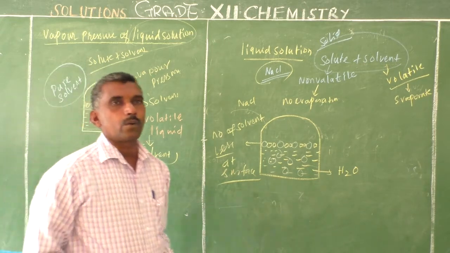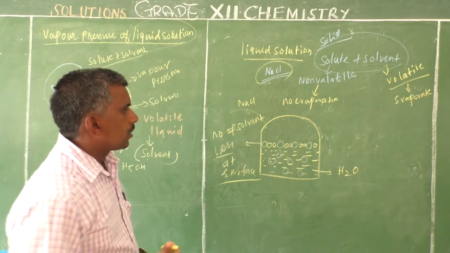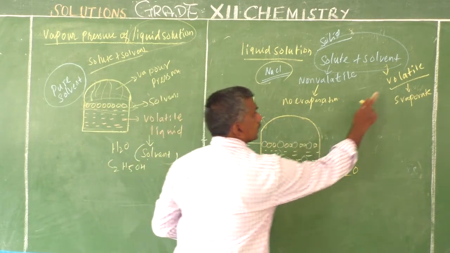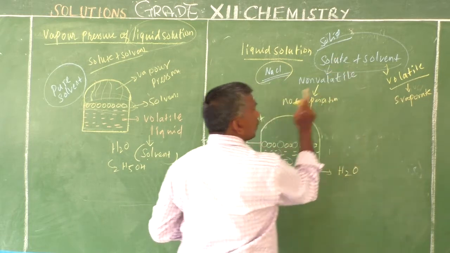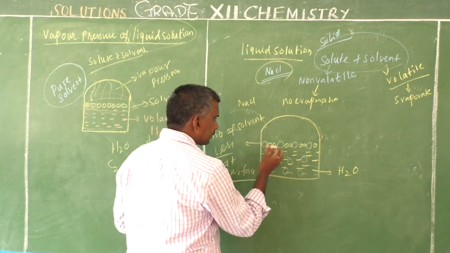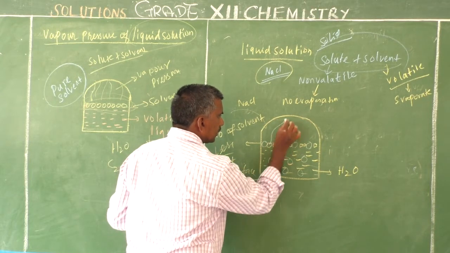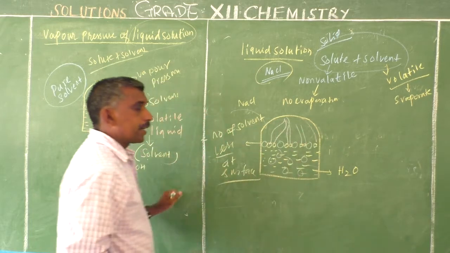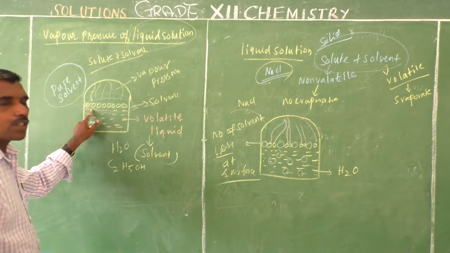Then we continue for half a day, or 2 or 3 hours. What happened? The solvent is volatile and the solute is non-volatile, so only the solvent evaporates, but the number of molecules is less compared with the pure solvent.